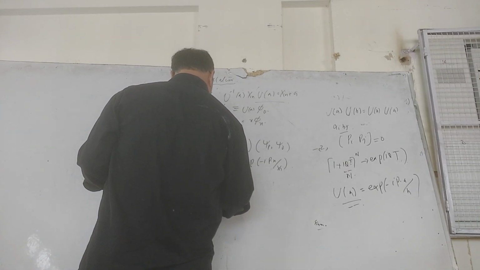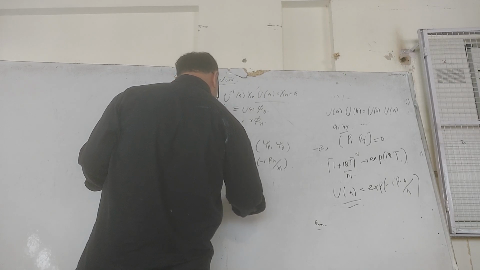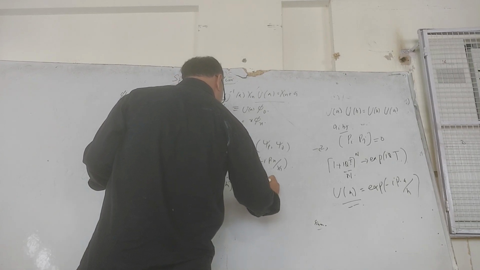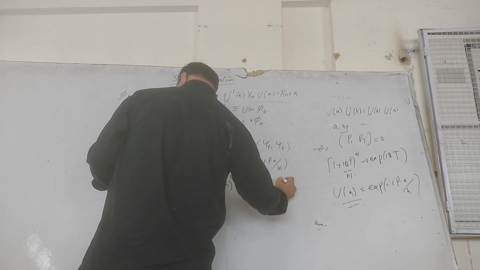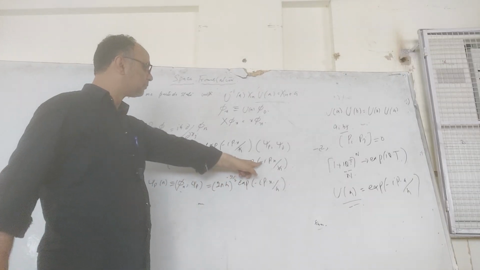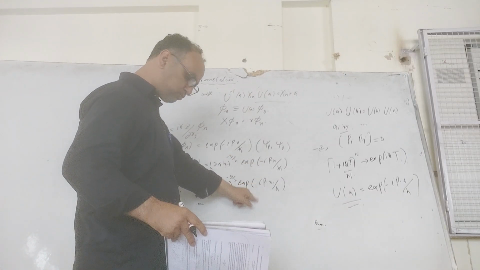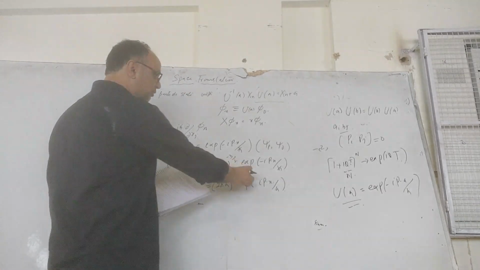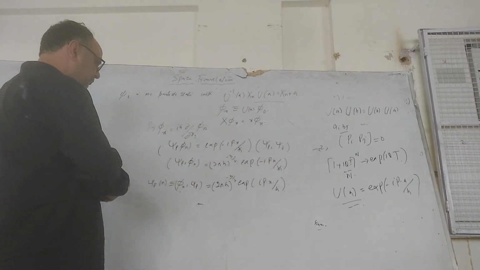Can be written as, so complex conjugate means this minus will be plus, this will be plus, this will be minus.